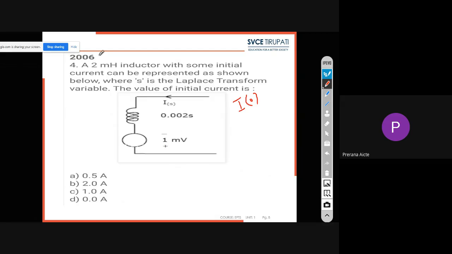They clearly gave a 2 millihenry inductor, having a value of 0.002 S. I need to find I of 0. Before going to this, can anyone tell me the voltage across the inductor formula? V of t equal to L di of t by dt.